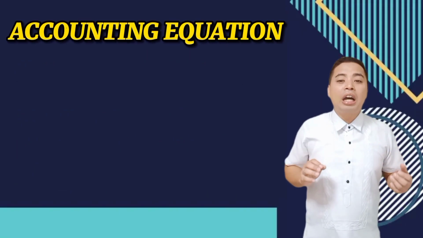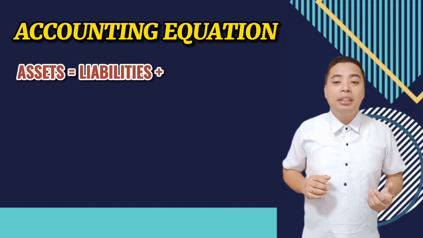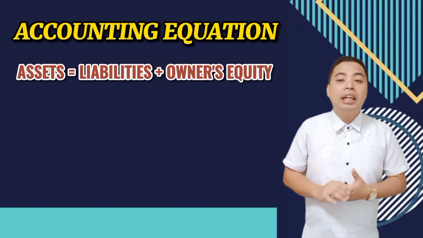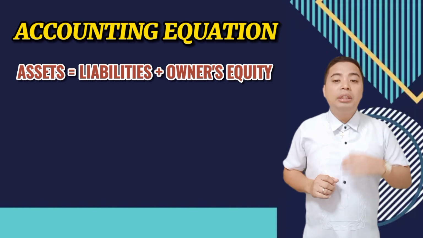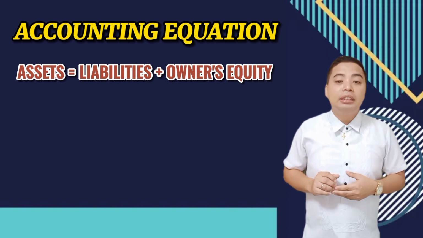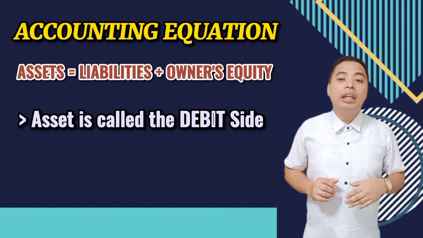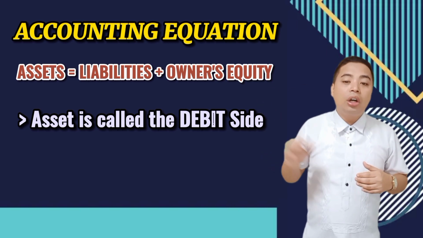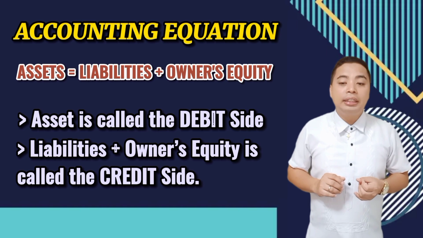So if we have an accounting equation which is assets equals liabilities plus owner's equity, we also have the debit and the credit side. So what will be our debit and credit side? So the asset or the left side is called the debit side, while the right side or the liabilities and owner's equity is called the credit side.